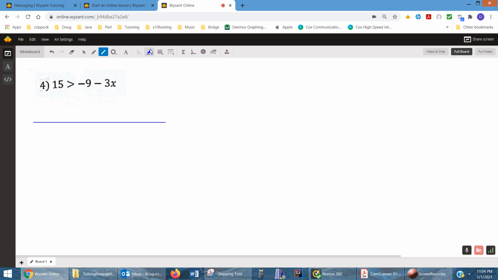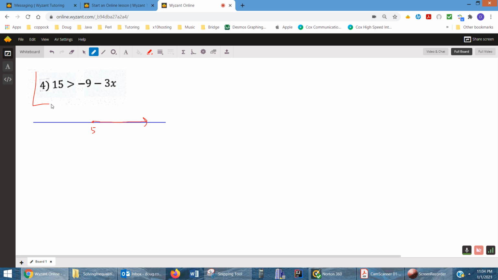And the numbers that make it true will usually be a ray from one point on the number line, like this one. Maybe this is the number 5, and all the numbers to the right make it true, for example.